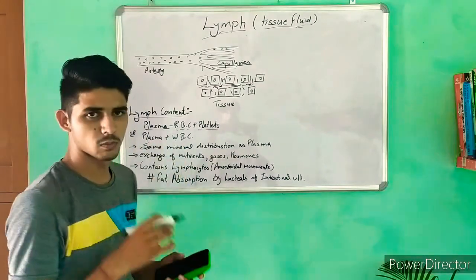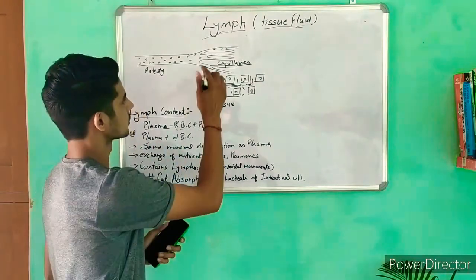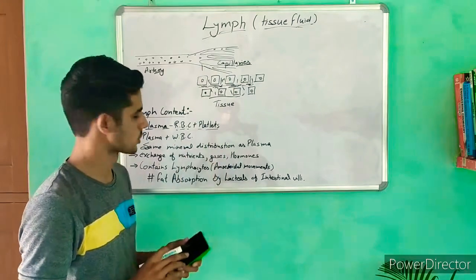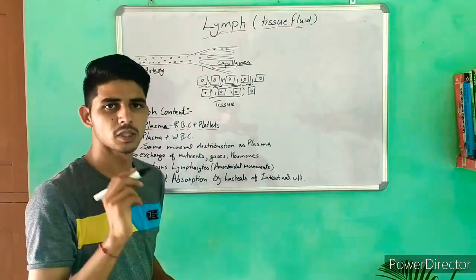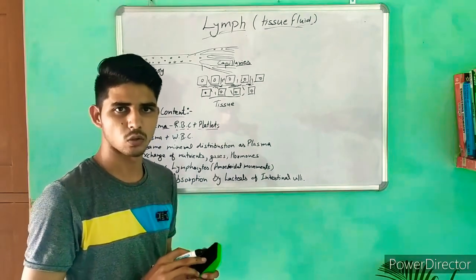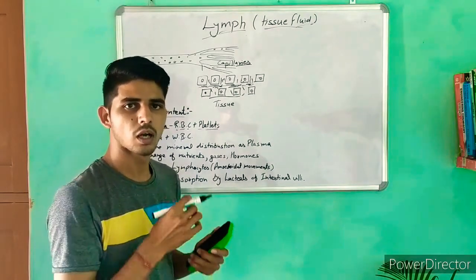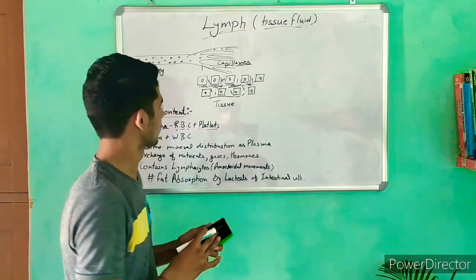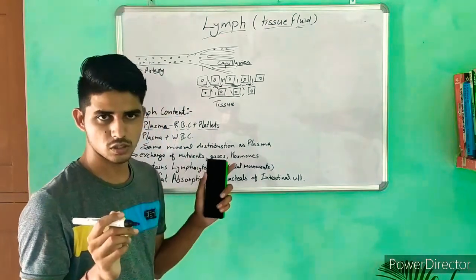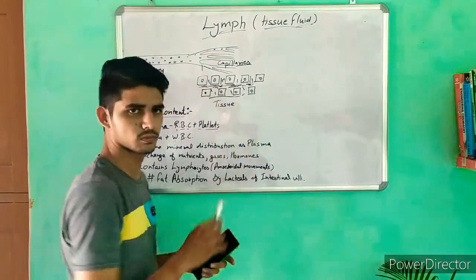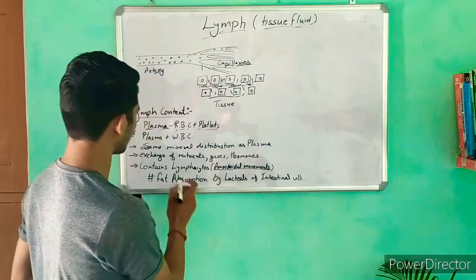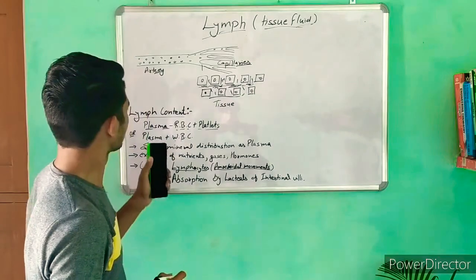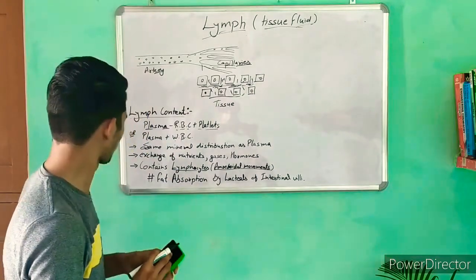Plasma plus WBC. WBC can be transported through tissue fluid because the lymphocytes have amoeboidal movements. They can cross pores of every size to reach the location of infection in the tissue. So this is the amoeboidal movement shown by the lymphocytes of lymph.